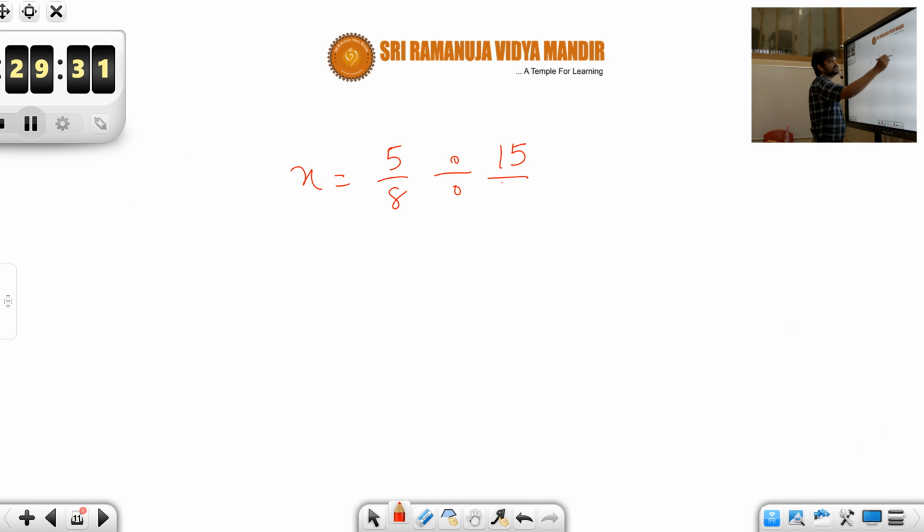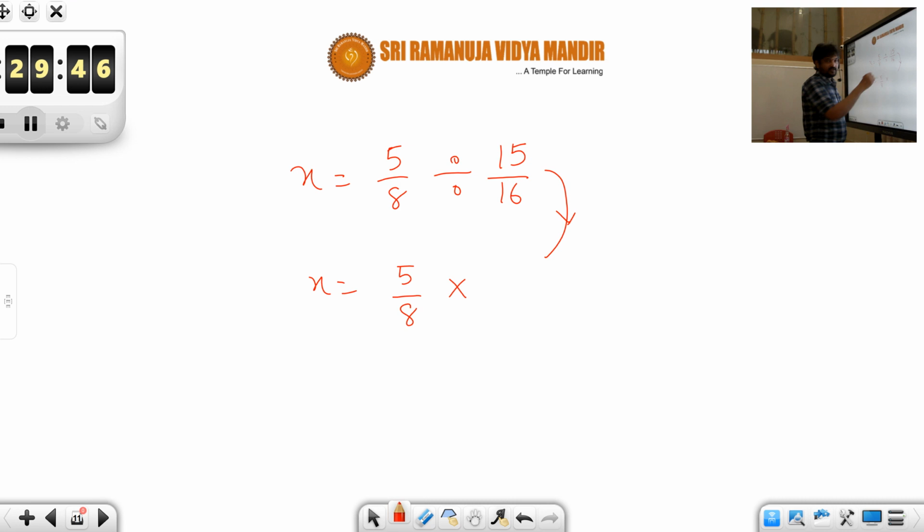Now students, this is a division problem. So how do we solve a division problem? First we will convert this into a multiplication problem. So we can write x as 5 by 8 times, and when converting into a multiplication problem, the divisor turns into its reciprocal. So we can write this as 56 by 15.